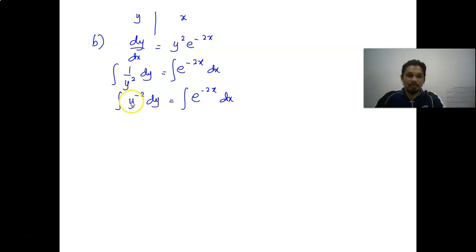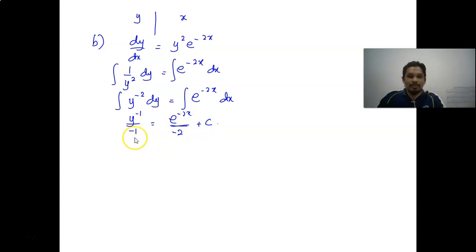The integral of y to the power of negative 2 is y to the power of negative 2 plus 1, negative 1, divided by negative 1, equal to the integral of the exponential e to the power of negative 2x divided by the derivative of negative 2x, which is negative 2, plus c.